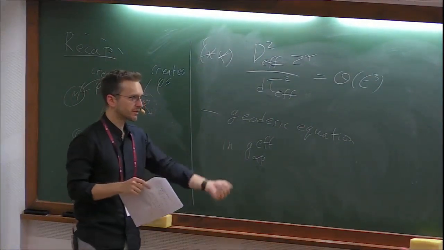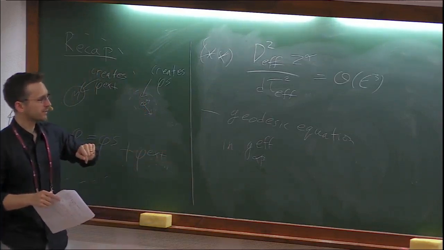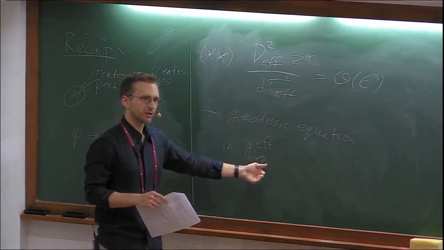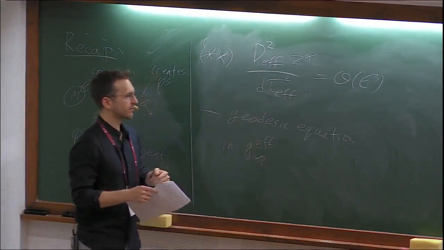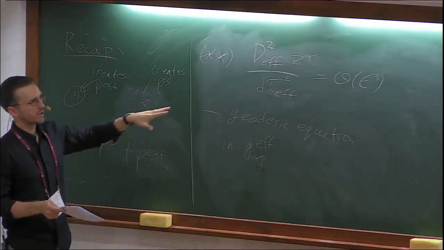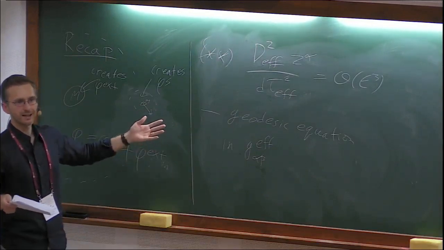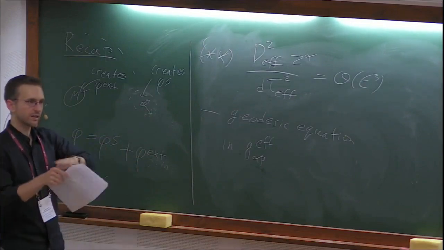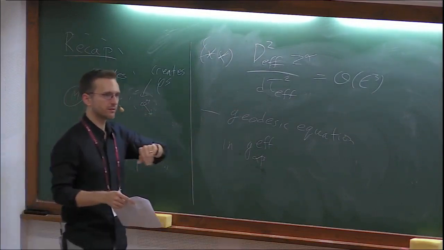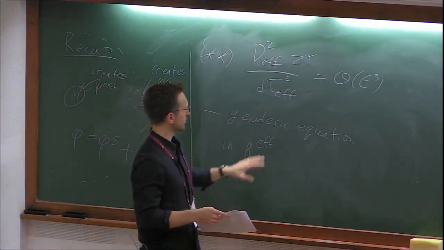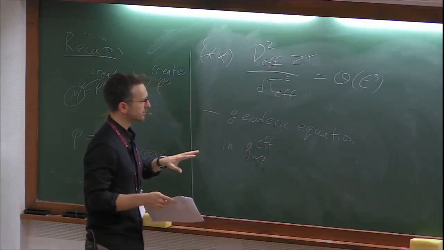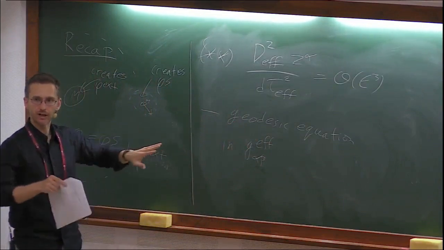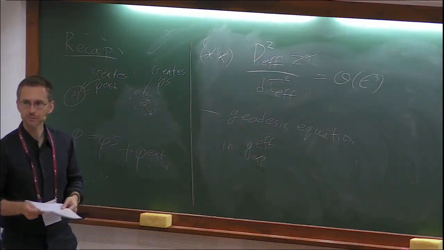You can choose different G effectives that are still vacuum equations, and you still have geodesic motion in that spacetime. For example, if you change my local expansion at order r to the 10, that's not going to impact any of this. And you can easily move things around to make sure that it's still a vacuum spacetime. So you shouldn't put too much emphasis on the physical interpretation, but it is nice that you do have this pretty nice physical interpretation.